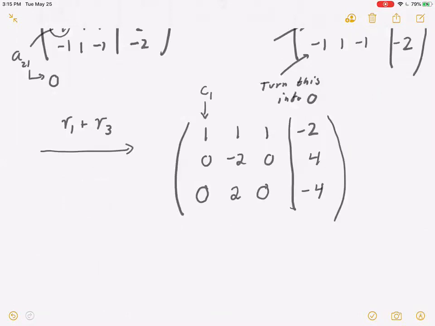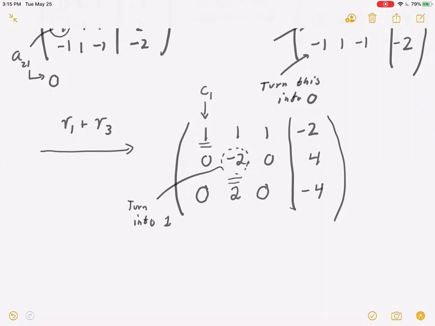Now, the next thing I have to recognize is I want to turn this guy into a 1. I have to because it's in the row underneath the first row, and I want to turn it into a leading 1, which is to the right of this guy.